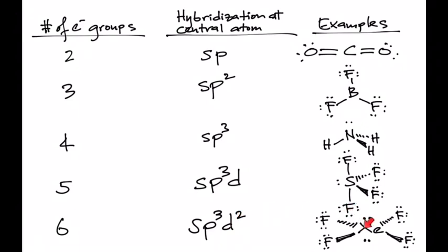And when you count the total number of electron groups for xenon, we have 1, 2, 3, 4, 5, and 6. And so the hybridization of the bonds would just be sp3d2. Again, when you add them all up, that should equal 6, right? 1 s orbital, 3 p orbitals, 2 d orbitals, for a total of 6 orbitals, which is basically the number of electron groups.